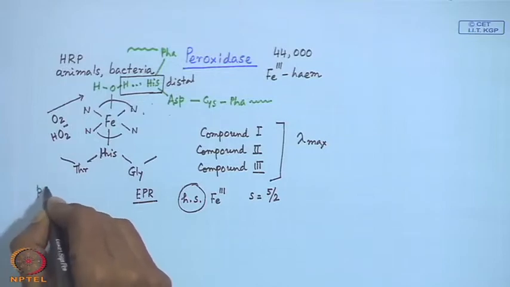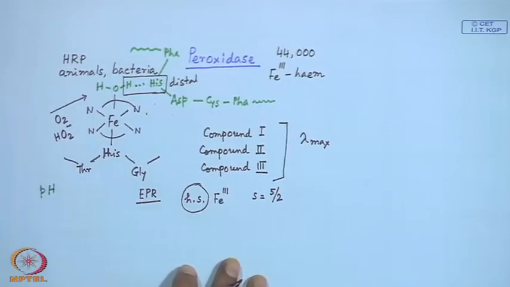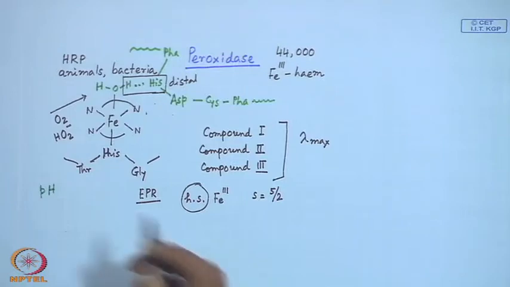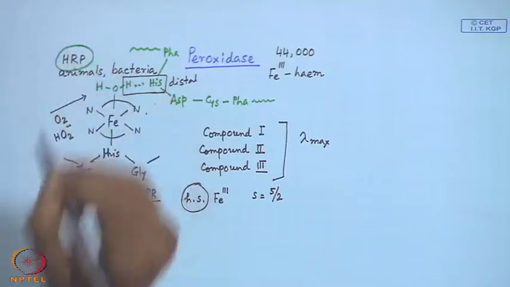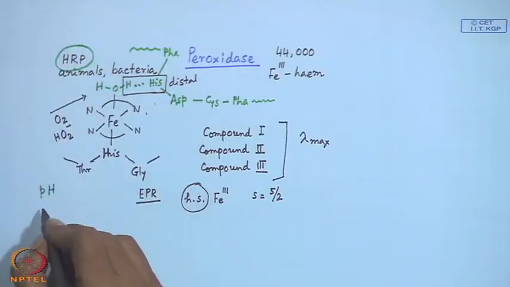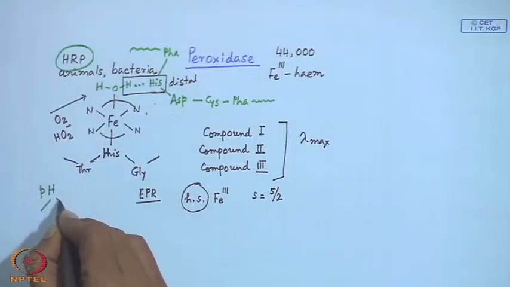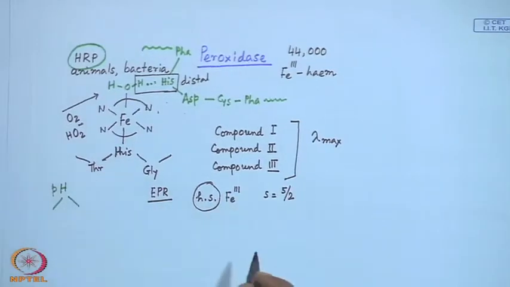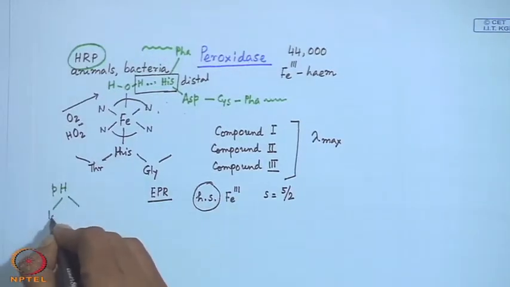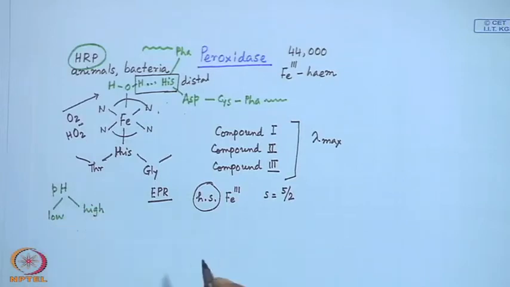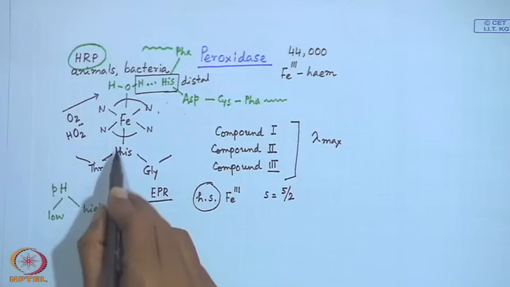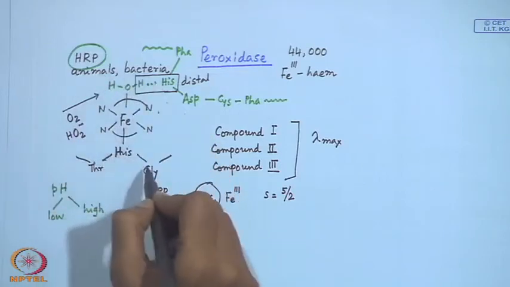If we monitor the pH, in the same example of this horseradish peroxidase HRP sample, you have two different pH values, one low and another high. At low pH, all these nearby sites are protonated.